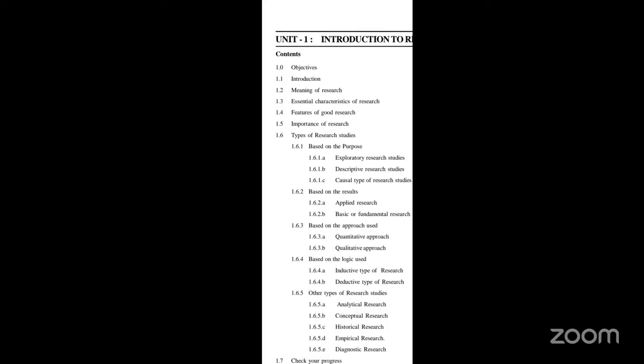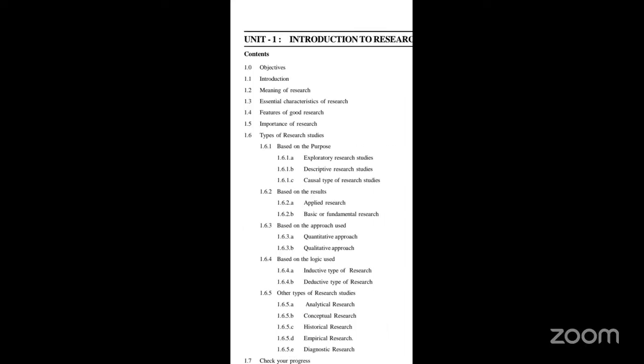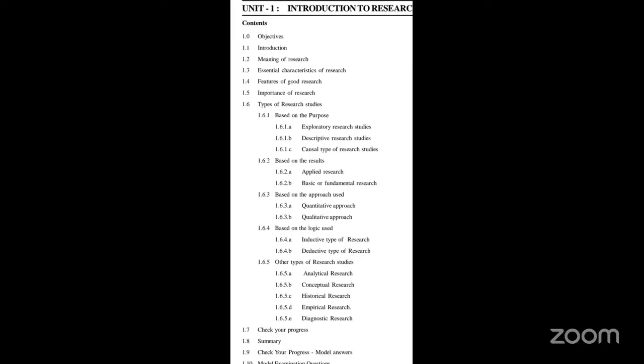In this unit 1, there are many topics. Meaning of research, essential characteristics of research, features of good research, importance of research. Based on the purpose: exploratory research, descriptive research, causal research, applied research, basic or fundamental research, quantitative approach, qualitative approach.